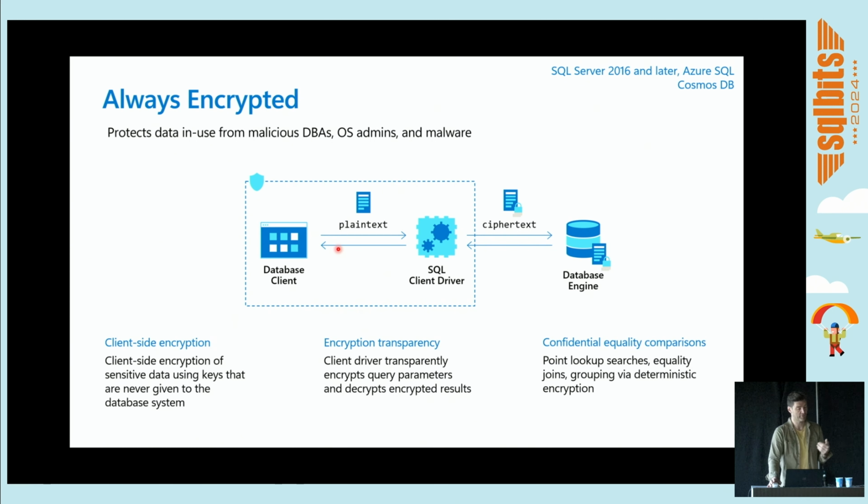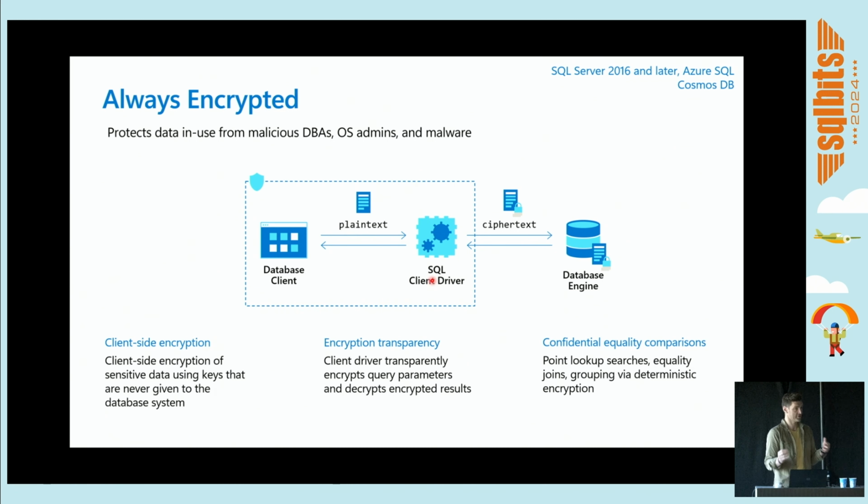So let's assume that your application requests information from SQL Server. We're going to send a query in plain text. The client driver is going to convert that plain text into ciphertext, and it's sent as ciphertext over the network to the database engine. The database engine knows about this encrypted value and sends back the encrypted information to the application.